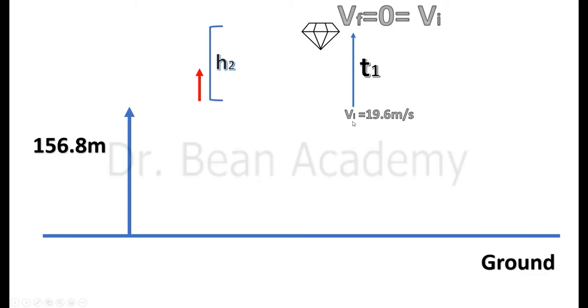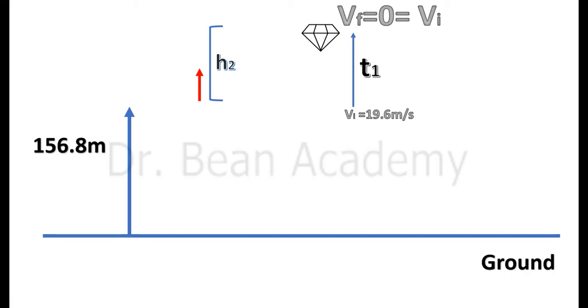We can assume that it had a velocity v1 equal to 19.6 meters per second, and that it took the stone a time t1 from the height of 156.8 meters to the maximum height where it will stop for a moment.